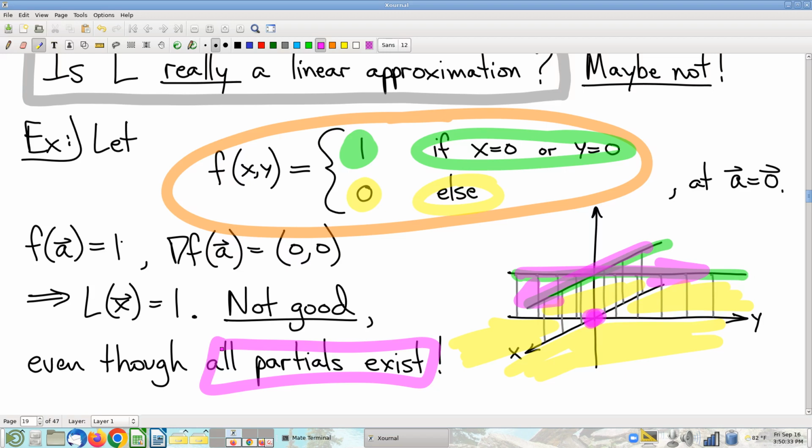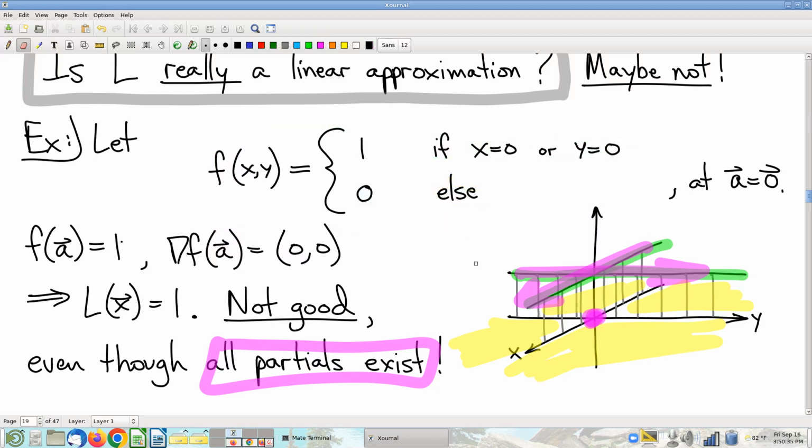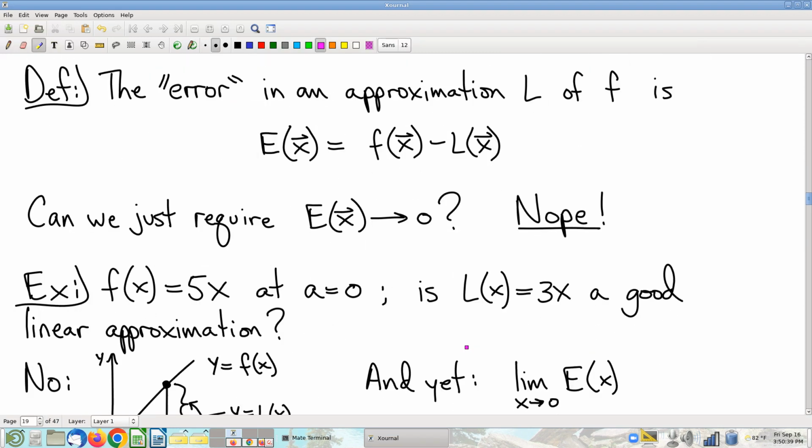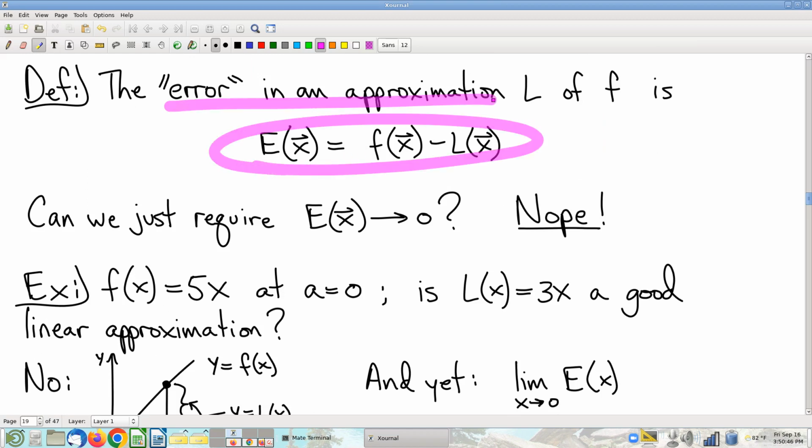And again, we're not going to go through all of that, but I want you to see what the issues are. At least we're going to next say, well, let's look at error. If you have an attempt at forming a linear approximation of your function, it's reasonable to talk about how far it is off.